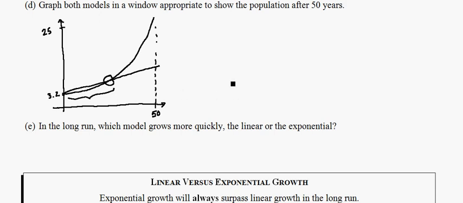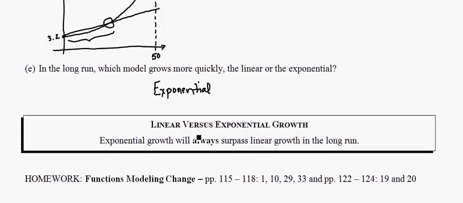Regardless, letter E, the question there is still very applicable. In the long run, which model grows more quickly, linear or exponential? And there's no question, exponential. In fact, what I emphasize in the box at the end is that one of the really remarkable properties of an exponential function is, as long as it's growing, and remember, an exponential function, a times b to the x, will grow as long as b, our base, is greater than 1, and we'll just assume a is also positive.